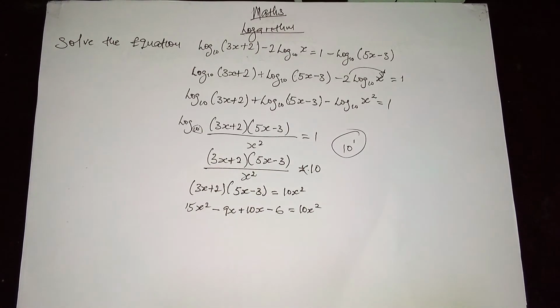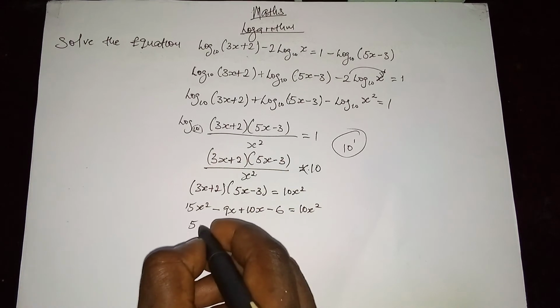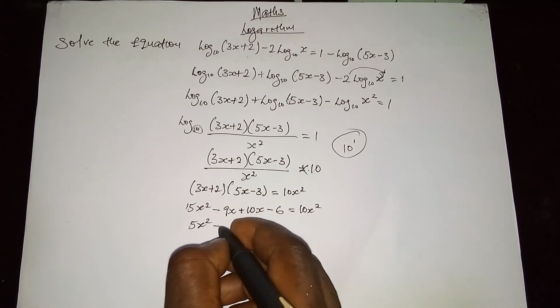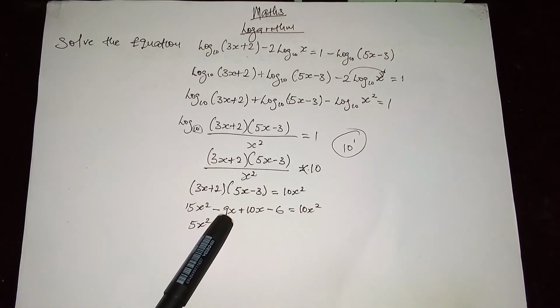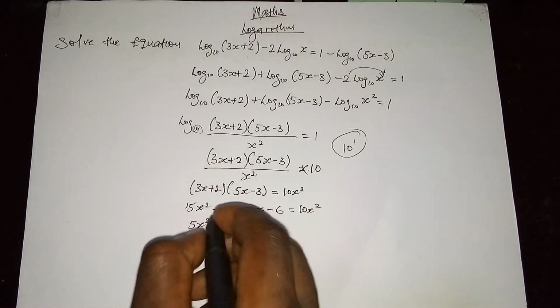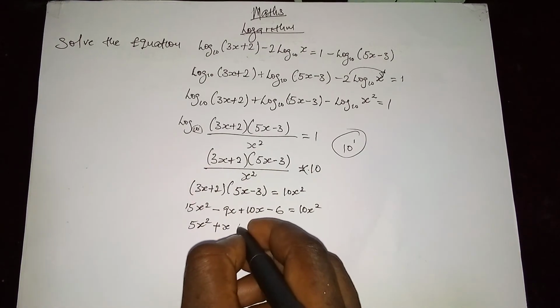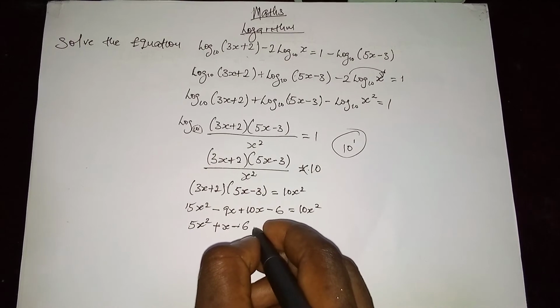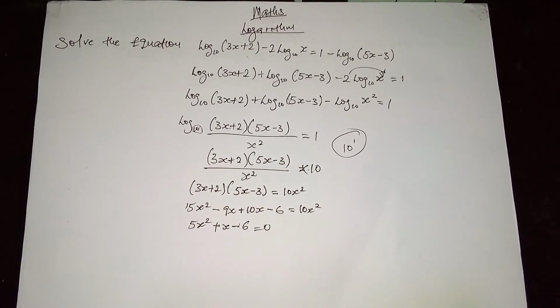When you subtract 10x squared from both sides, we have 5x squared, negative 9x plus 10x, we have plus x minus 6 is equal to 0.